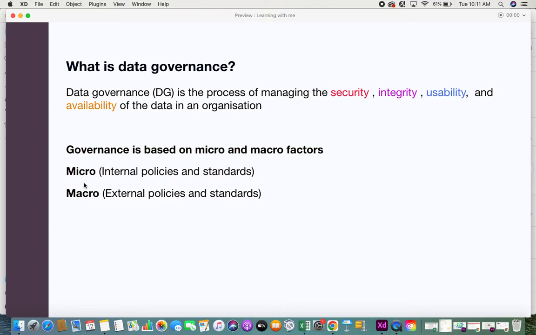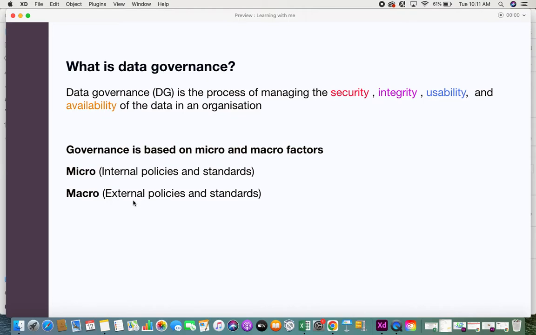Micro factors are nothing but the internal policies and standards. So within the organization they would have certain policies and standards regarding how the data has to be managed. And macro factors are external policies and standards which are established, okay, global data standards that need to be followed.